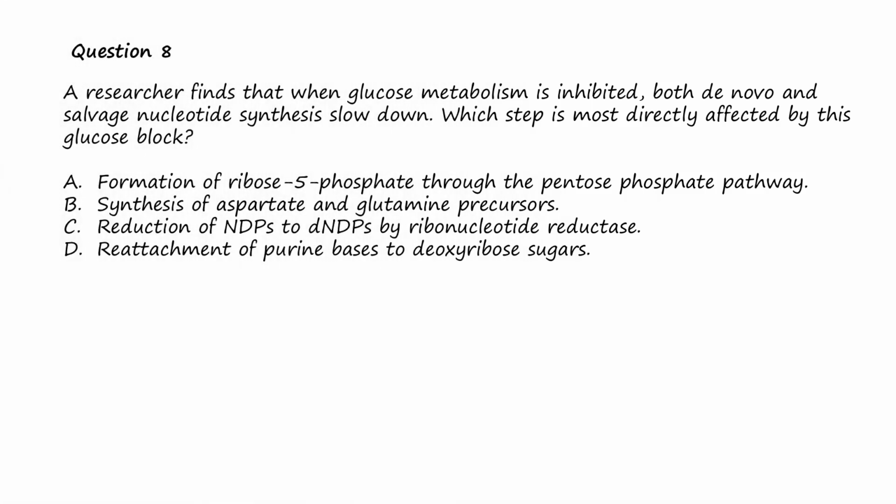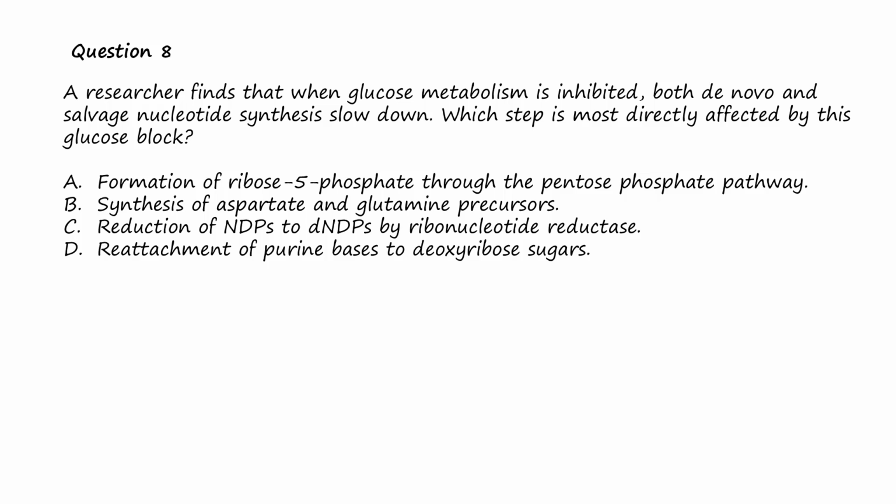Question 8. A researcher inhibits glucose metabolism and finds that both de novo and salvage nucleotide synthesis slows down. Which step is most directly affected? A. Formation of ribose 5-phosphate via the pentose phosphate pathway. B. Synthesis of aspartate and glutamine.